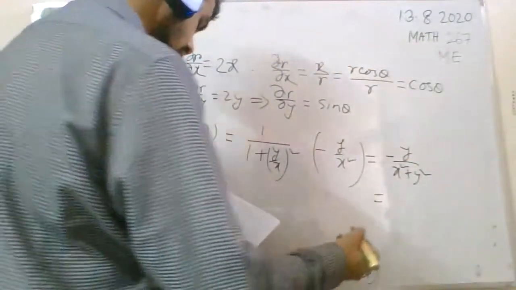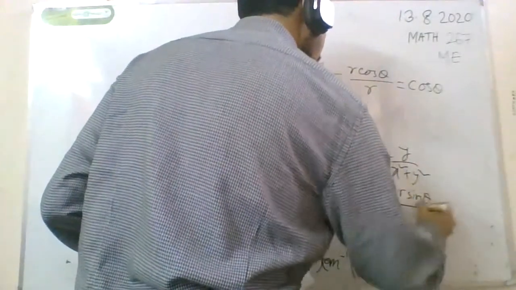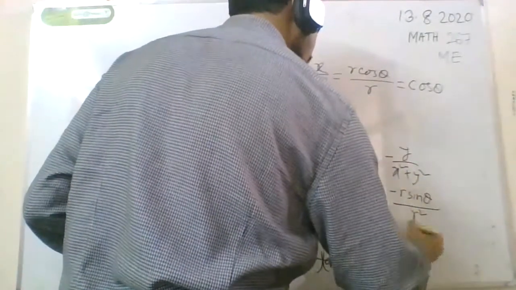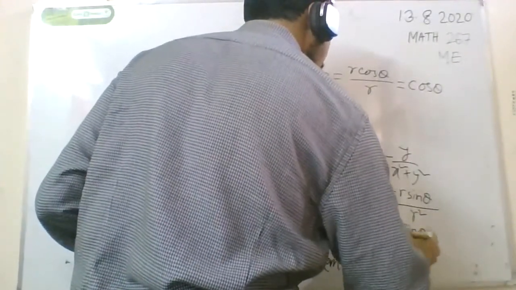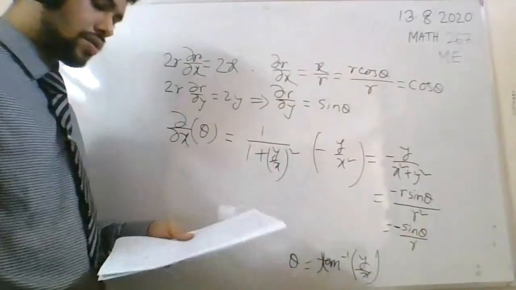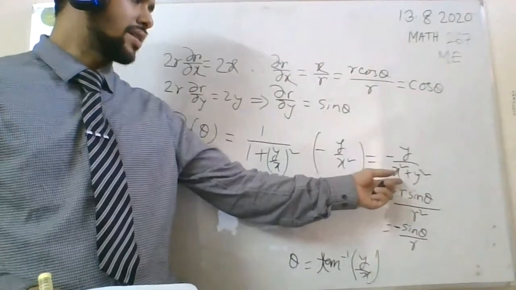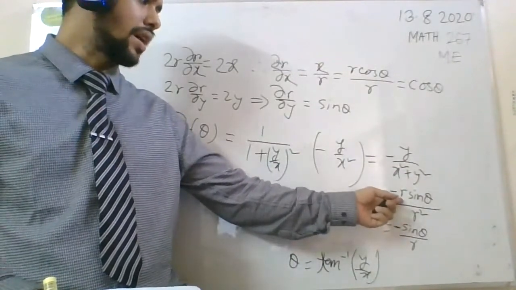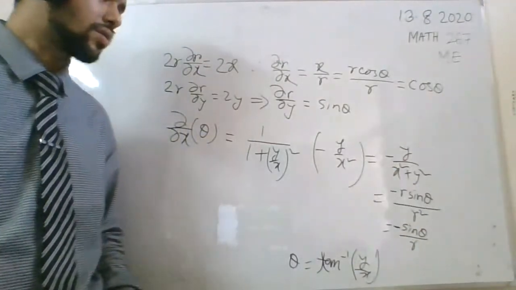And if you put r sin theta divided by r square, you can say sin theta divided by r, minus. So just replace y by r sin theta and x square plus y square equals r square.